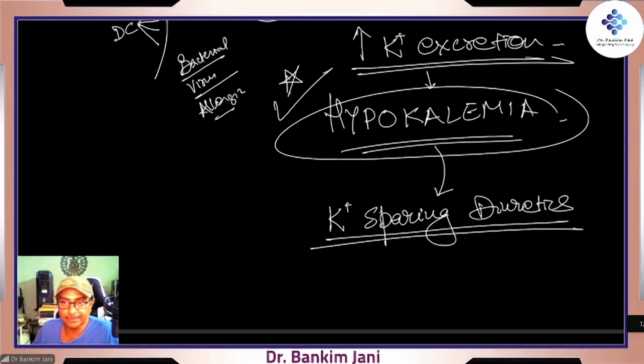Now it makes sense, right? Why do you want to give diuretics? Because you want the fluid to go into the urine so that the load comes down. Correct? So you are giving diuretics. But when you are giving diuretics, potassium will be running away. You don't want that. So that's why it is called a potassium sparing diuretic. And that's why in such cases, the drug of choice becomes spironolactone.